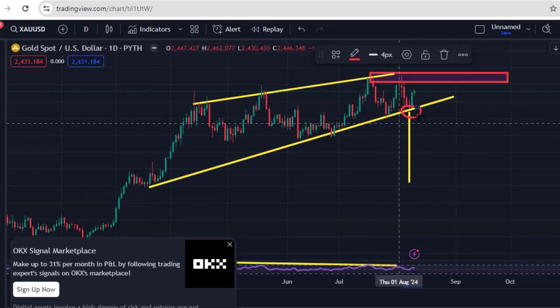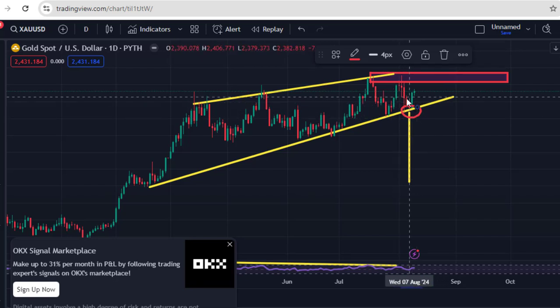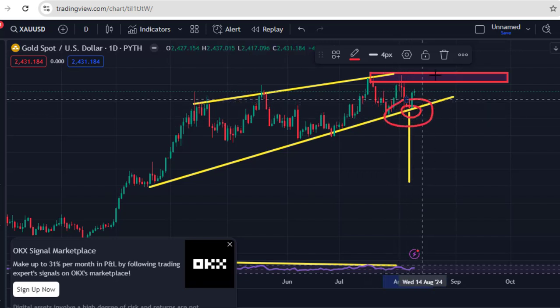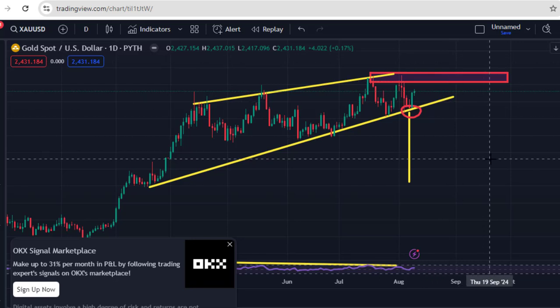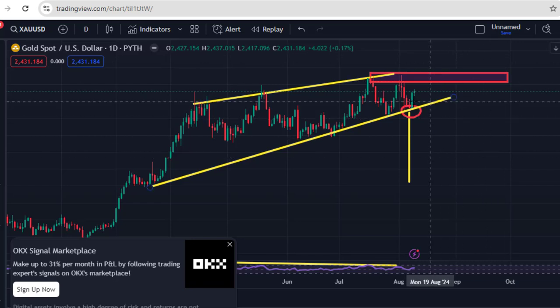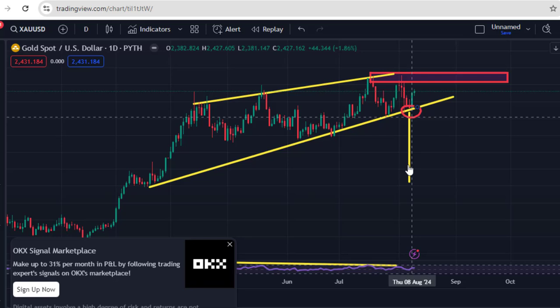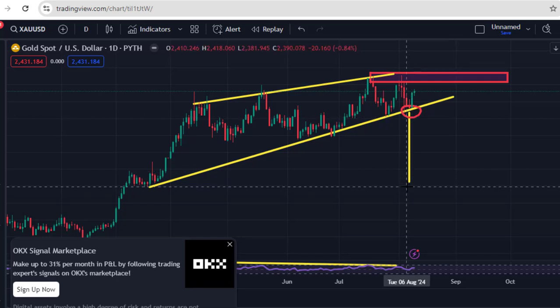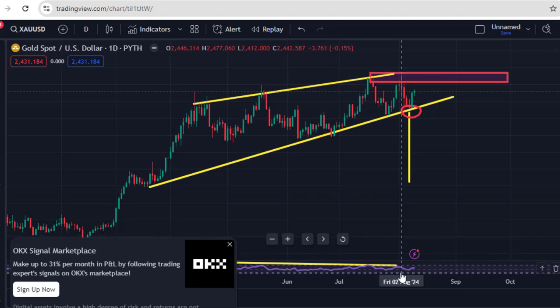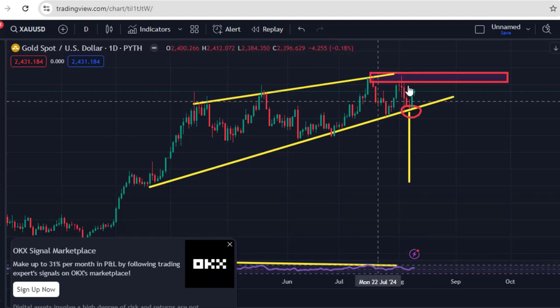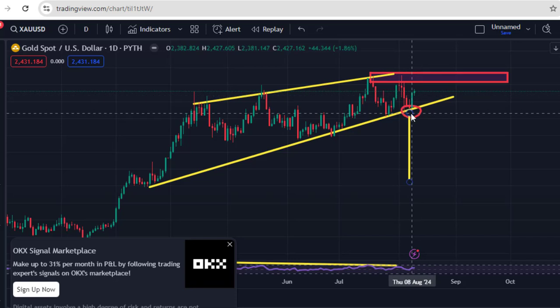So taking a sell position after this very breakout we are waiting for is the nice thing to do on gold. I believe once there is a breakout, the moving of the market downward will not be a challenge. The market is going to definitely obey this very bearish divergence that is on the chart right now.